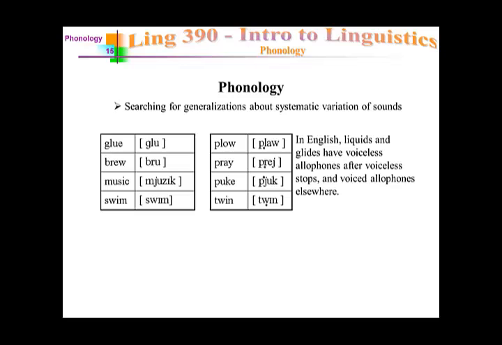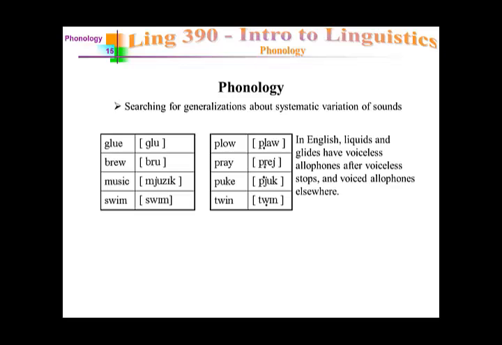And when you look at these environments, the only thing left over is exactly the environment that we just said would be where a voiceless approximant would occur. So it's almost like if a sound is not in the voiceless approximant environment, then it will be a voiced approximant. A voiced approximant is what you will find anywhere else besides that specific environment where the voiceless approximant would occur.